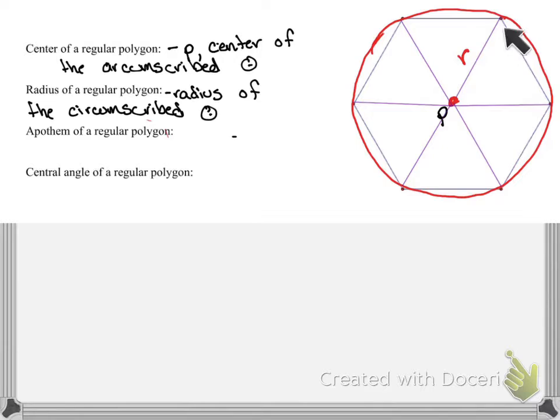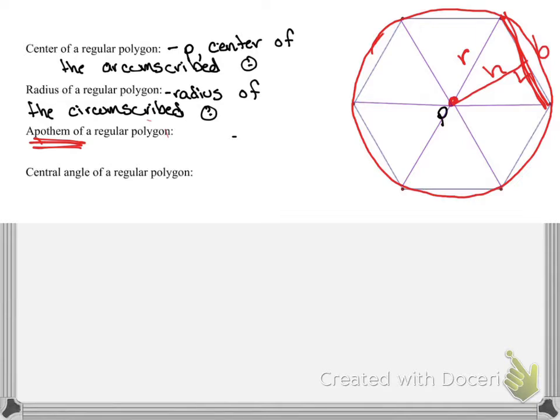But then the height: if I think of this side as the base, there's my base. The height there would be actually this distance right here. That perpendicular distance there is my height. That's what we call the apothem of a regular polygon.